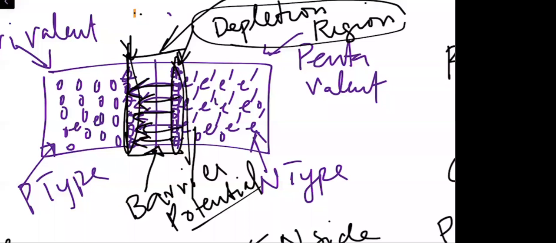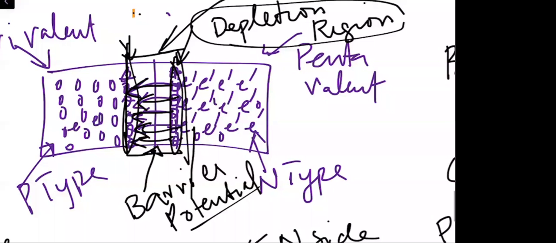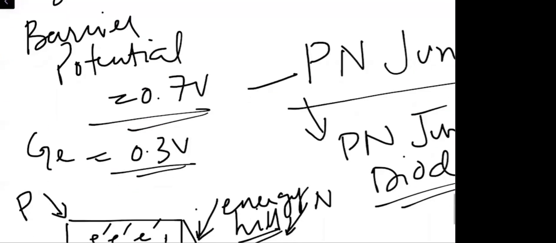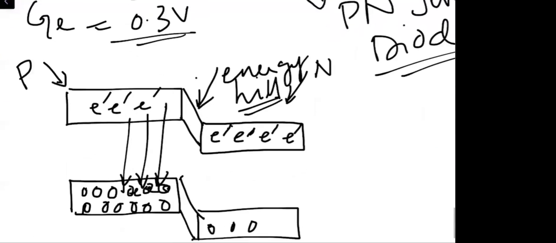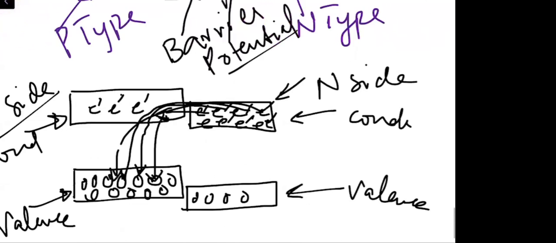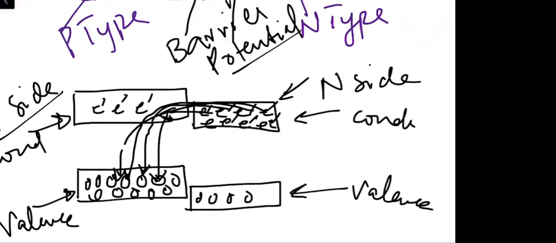Okay, with this, when we look at it from the band perspective, the conduction band and the valence band on the n side and p side, we have electrons on the n side which are in the conduction band.